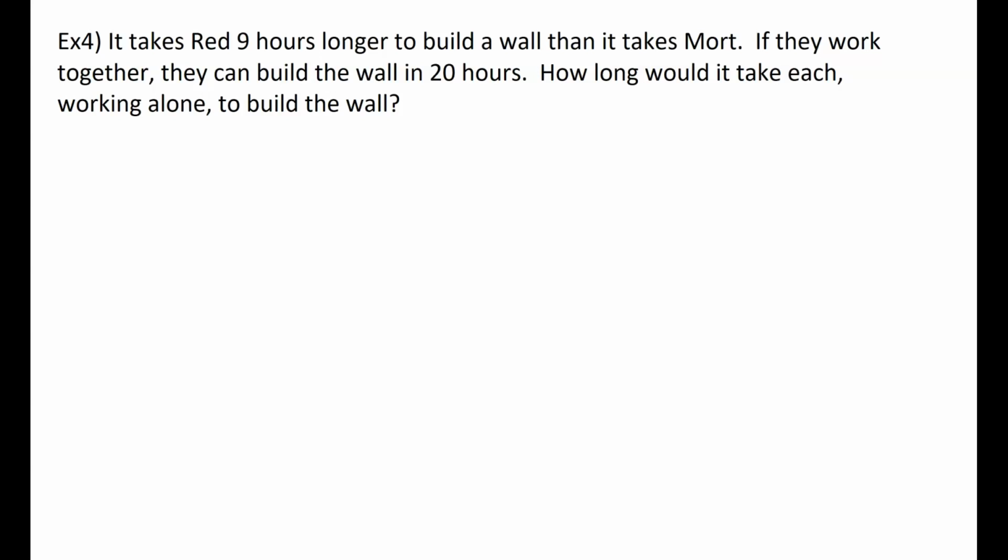So what do we do when we don't know what something is? A variable. Okay, so we're going to let m equal Mort's time. Okay. So, if m is Mort's time, what does that say about Red's time?